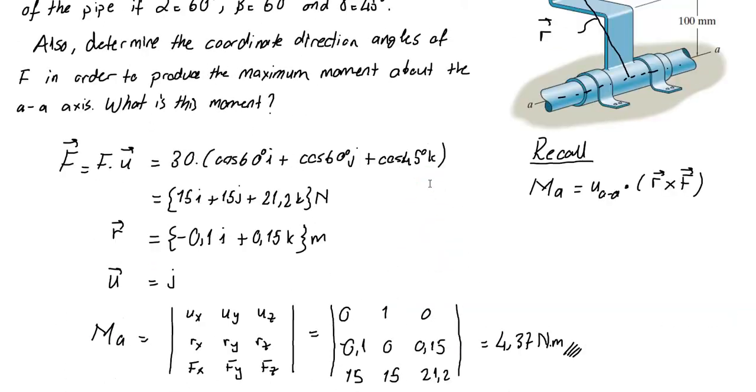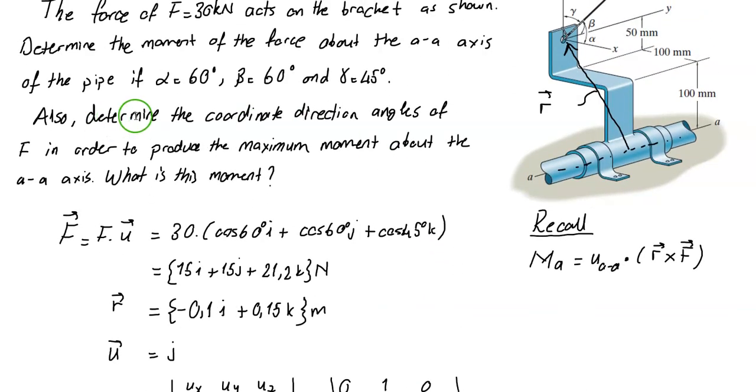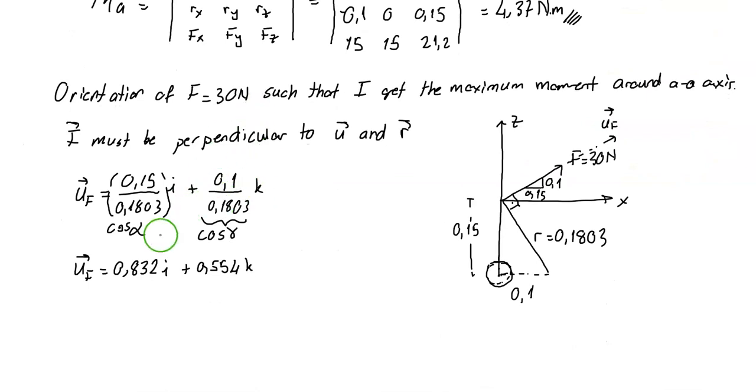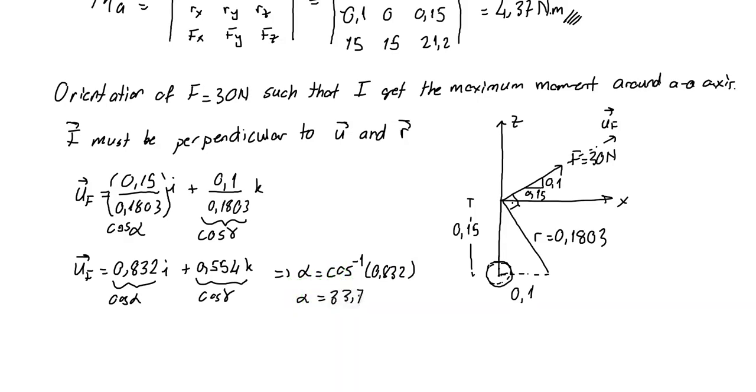So based on this unit vector, let's go back to the question. I'm asked to determine the coordinate direction angles of F. So it's essentially what I've just written here. Cosine alpha is this one, and this is cosine gamma. So based on this, alpha will be the inverse cosine of 0.832, and this will give me alpha of 33.7 degrees.